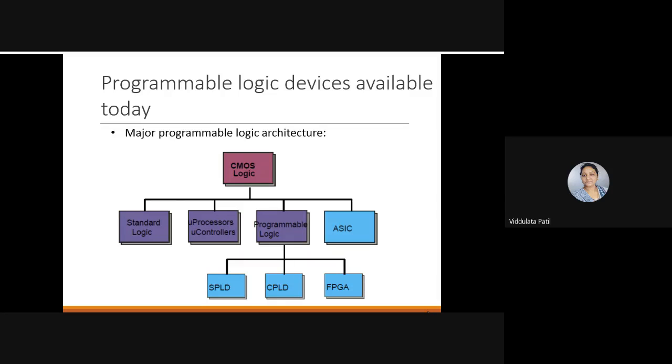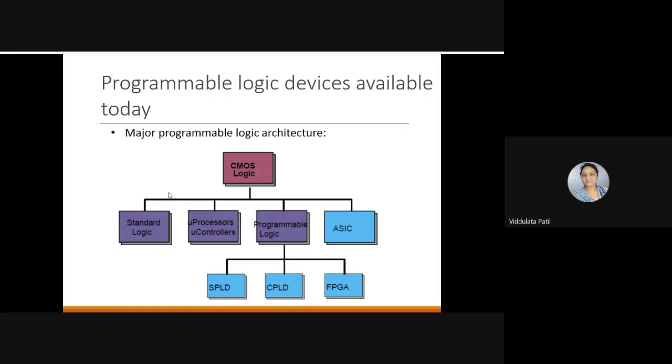Regarding the major programmable logic architecture, if we consider CMOS logic, there are two different logic circuits, depending on that: standard logic and programmable logic. In between, microprocessors and microcontrollers are again different ICs that we have. But now we are going to focus on programmable logic circuits or programmable logic devices.